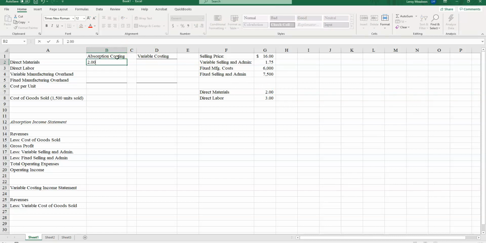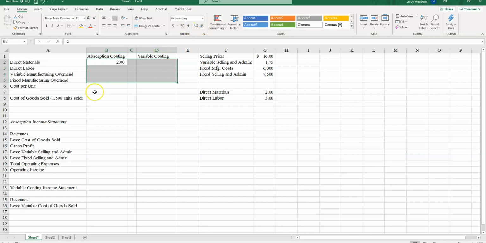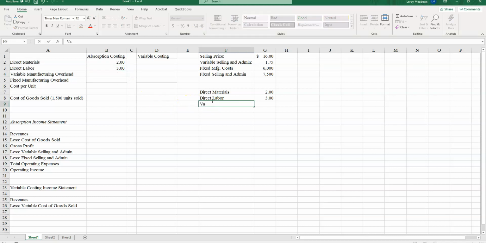So I'll put my $2 here. My cost of direct labor, $3. Variable manufacturing overhead, let's say it's $1.50.